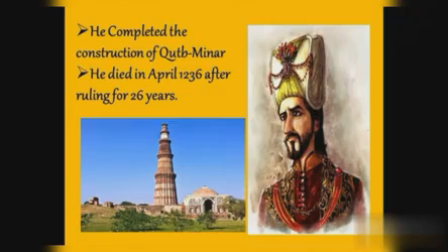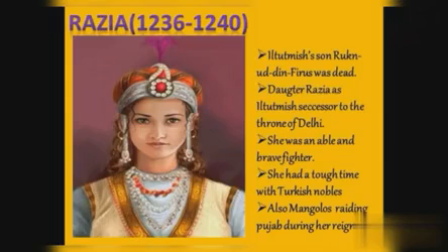As the most capable son of Iltutmish, Rukunuddin Firoz, was dead, Iltutmish nominated his daughter Razia Sultan as his successor to the throne of Delhi. Razia was an able and brave fighter, but she had a tough time with Turkish nobles as she favored non-Turkish nobles.